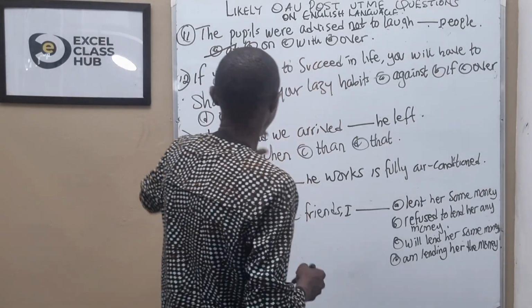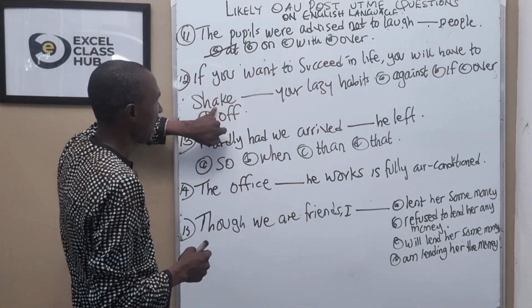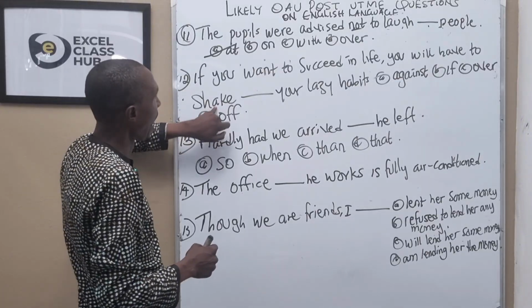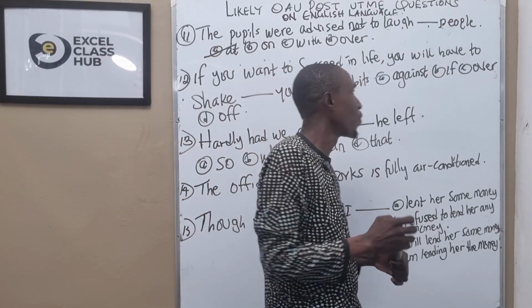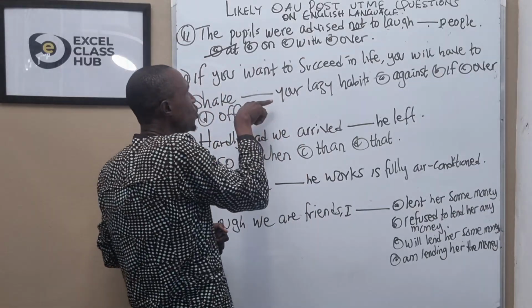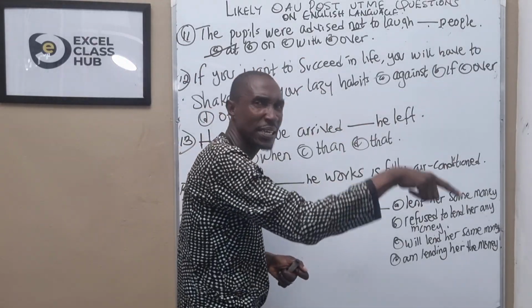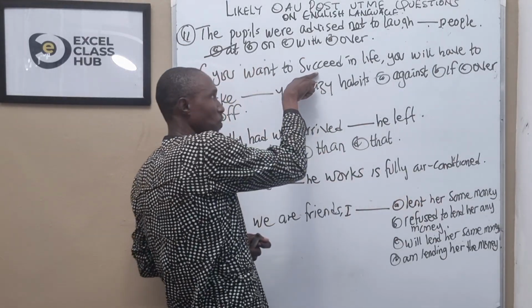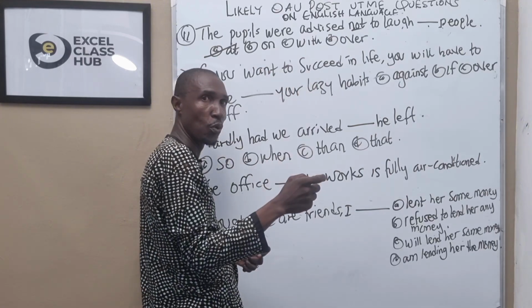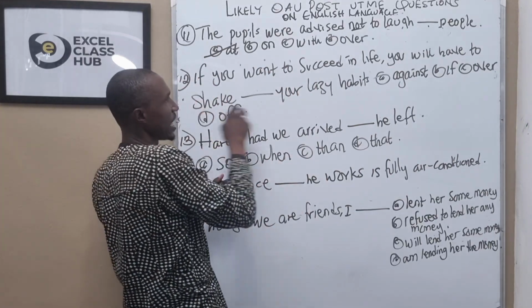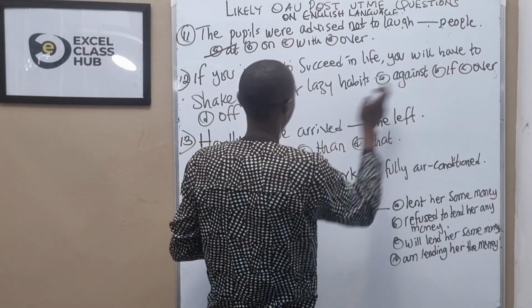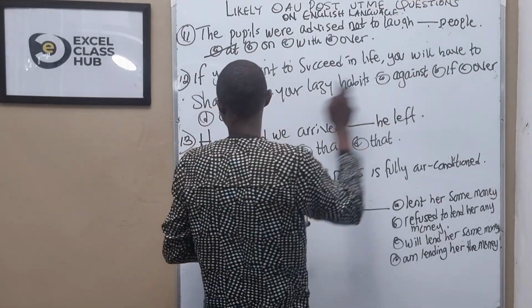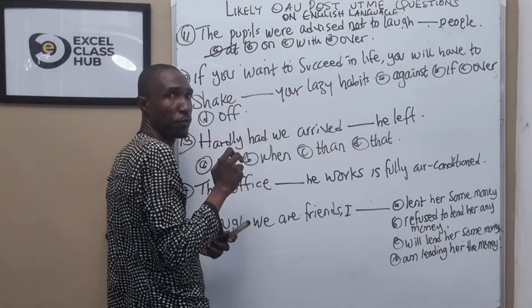Now, shake is the word given, that which of the prepositions again fits in with your lazy habit. If you want to succeed, there is something you must do. What do you need to do? To shake. Is it shake against? Is it shake if? Is it shake over? And it is what? Shake off.